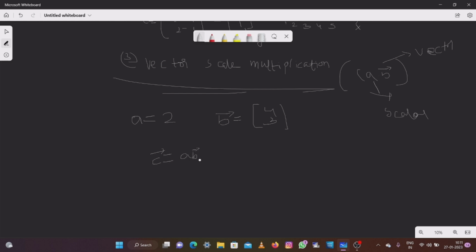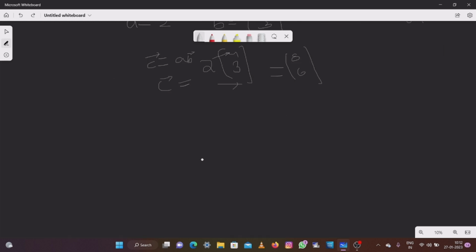So c bar equals 2 into 4 3. I need to multiply this, and finally we get the answer. 2 4s are 8 and 2 3s are 6, and finally we get the answer 8 6. So this is vector scalar multiplication and properties of vectors.